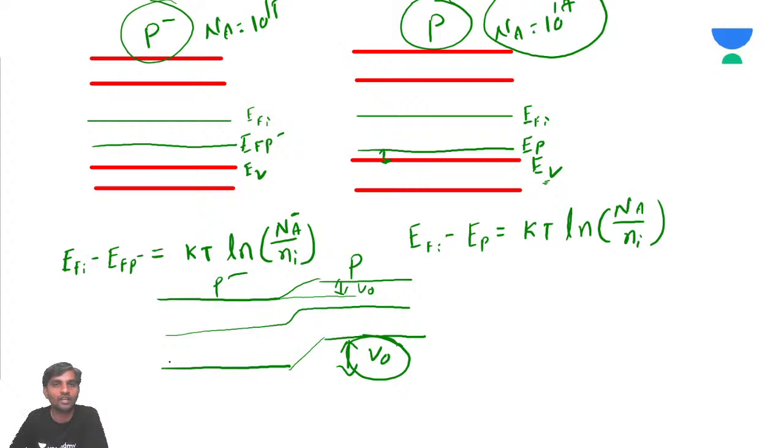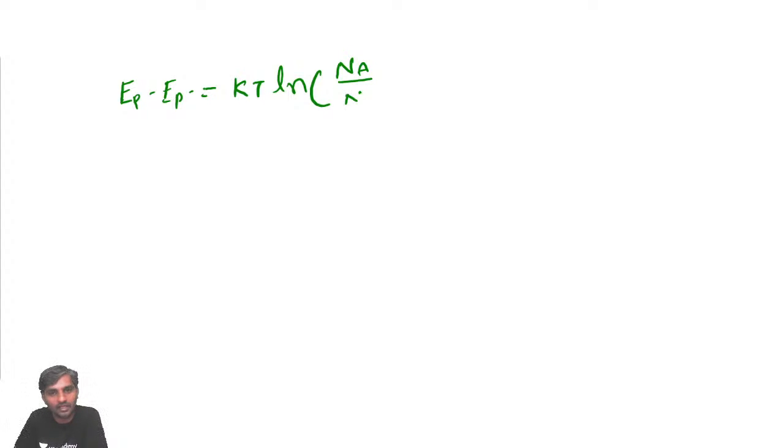So simply what you will get is, the formula: EP minus EPI is equal to KT into ln of Na by Na minus. So this is going to be KT into ln of 10 to the power of 17 by 10 to the power of 15.